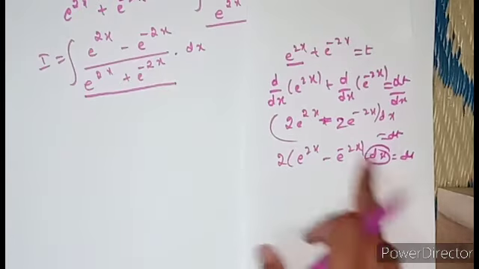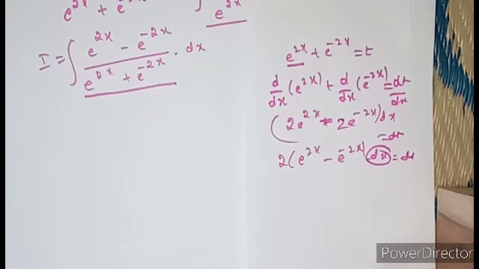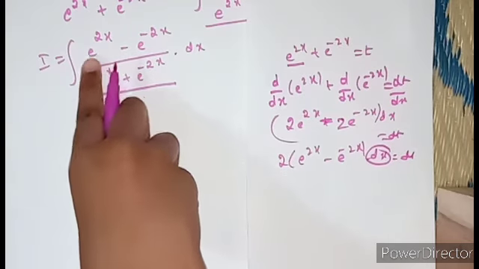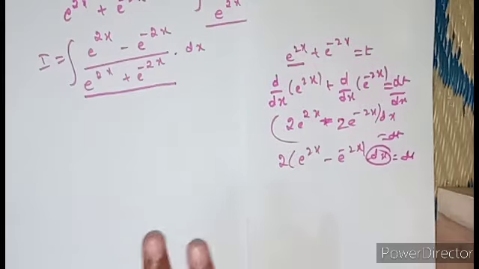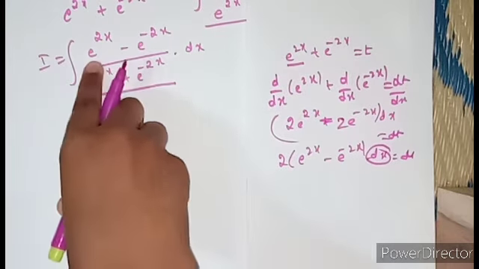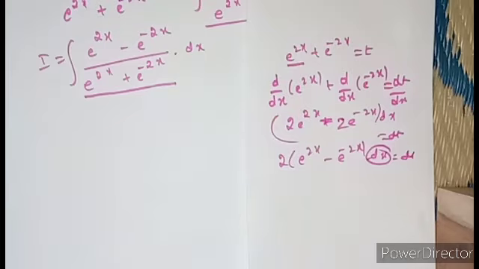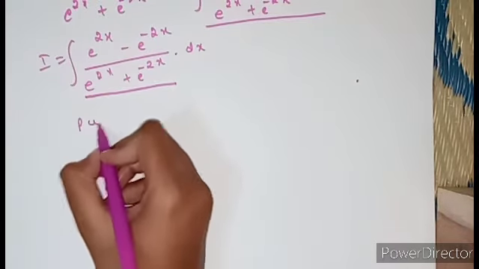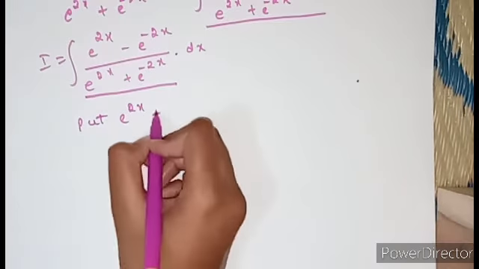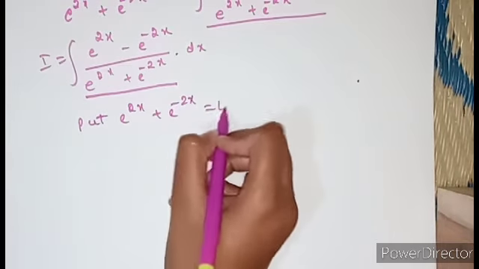Then these two functions will get cancelled, and we can solve the problem very easily. I could take the other function as t also, but I am taking this function as t. If you want, you can take the other function as t and check, you will get the required answer. Okay, now put e raised to 2x plus e raised to minus 2x as t.